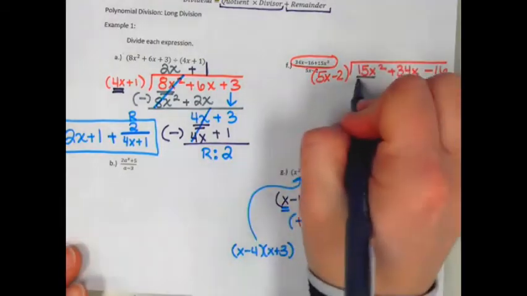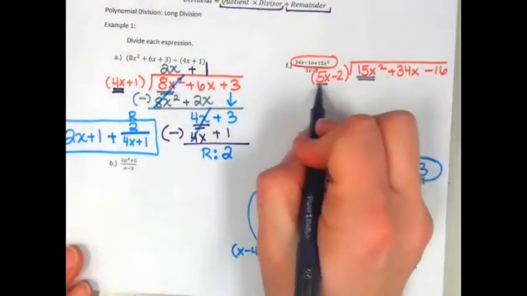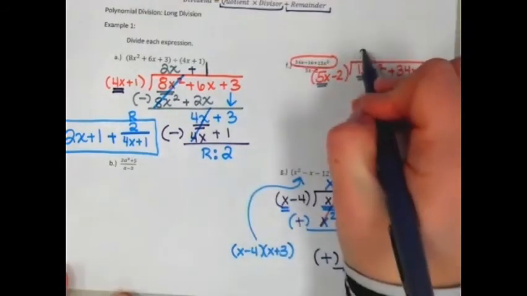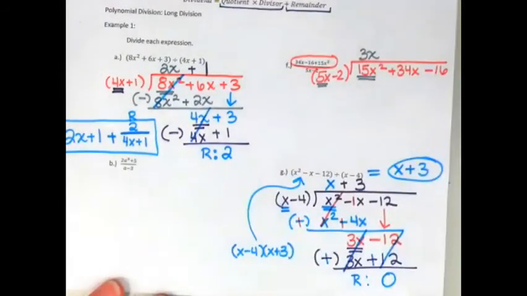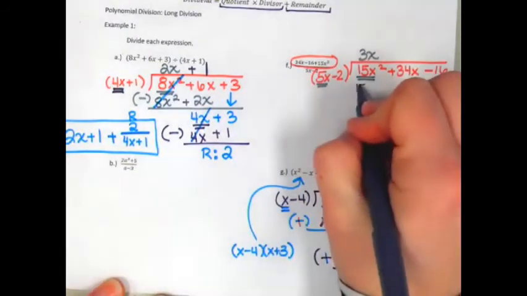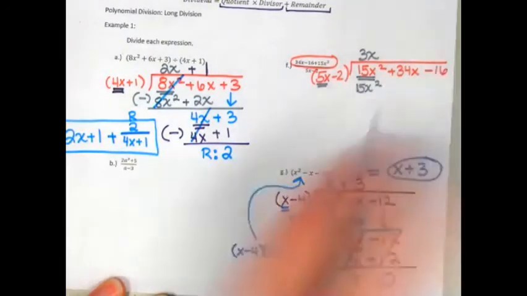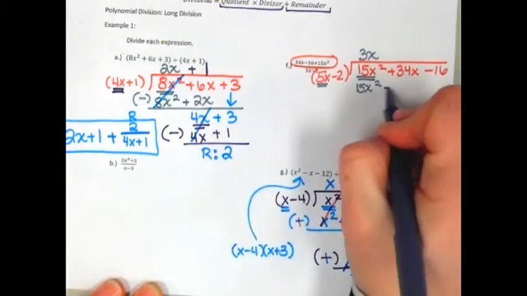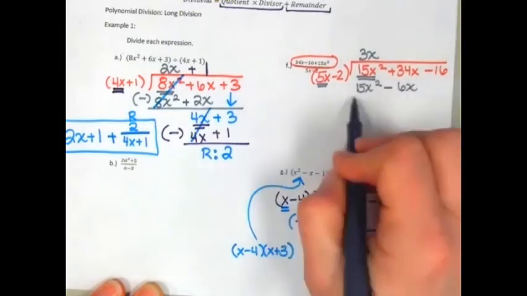Start with 15x squared. 15x squared divided by 5x, or 5x times what gets me to 15x squared? 3x. And then distribute, right? 3x times 5x is 15x squared. 3x times a negative 2 is negative 6x.